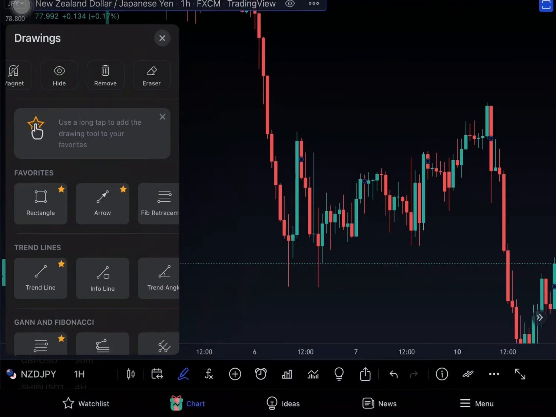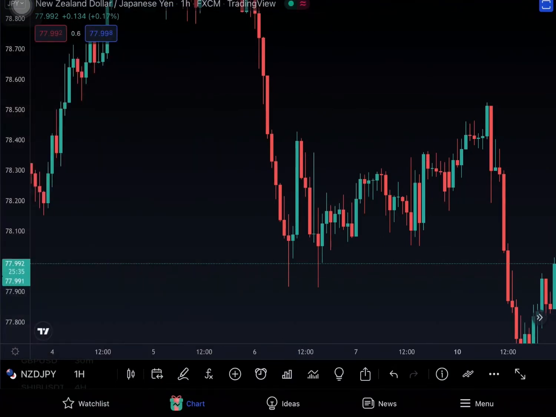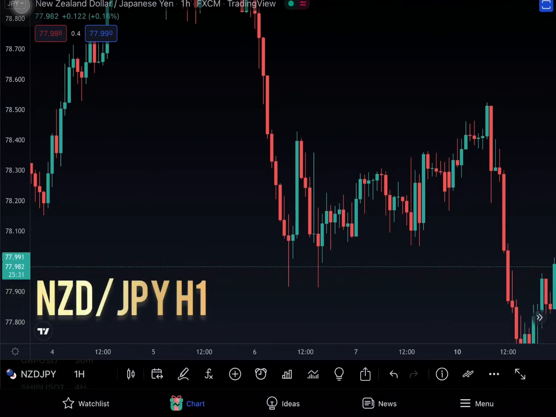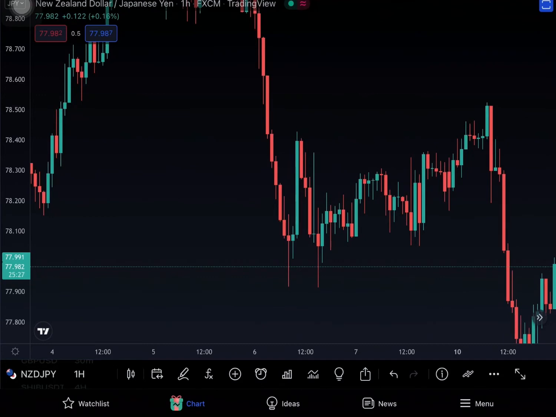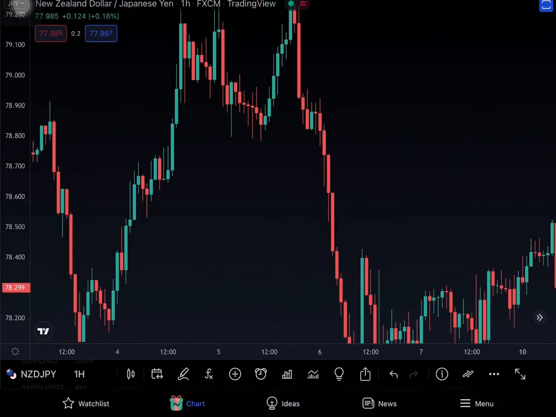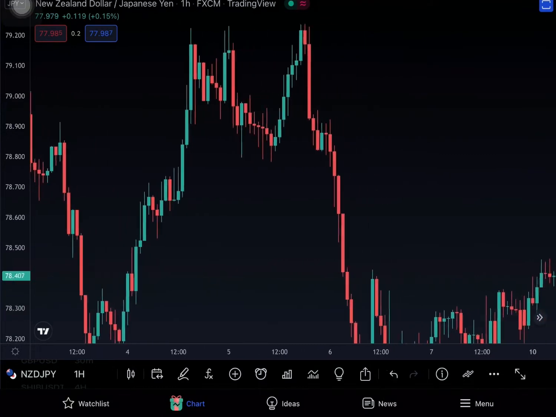For a start, we want to start with one of my favorite charts, New Zealand to Japanese yen, of course, and we want to first find an example for the first pattern.